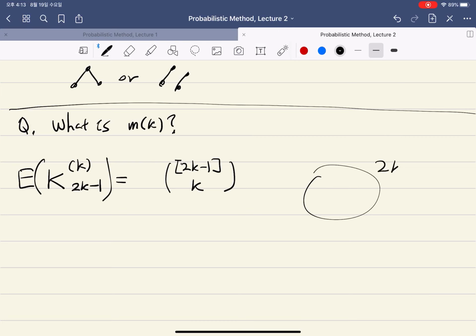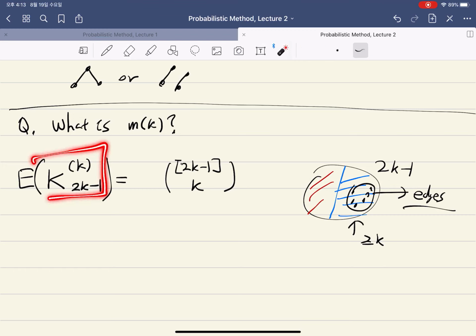Then you have 2k minus 1 vertices, and you have a 2-coloring, red and blue. Then by the pigeonhole principle, one of the colors, say blue, contains at least k vertices. Then you collect those k vertices, and they form an edge, which is a monochromatic edge. So if you have this k-graph, then no matter how you color the vertices with 2 colors, there always exists a monochromatic edge.